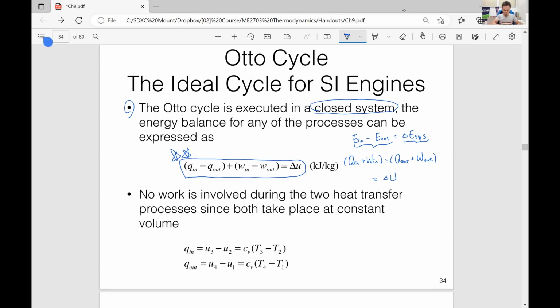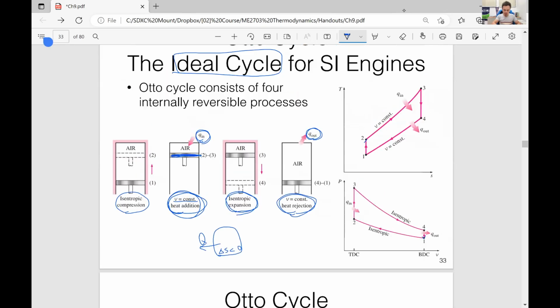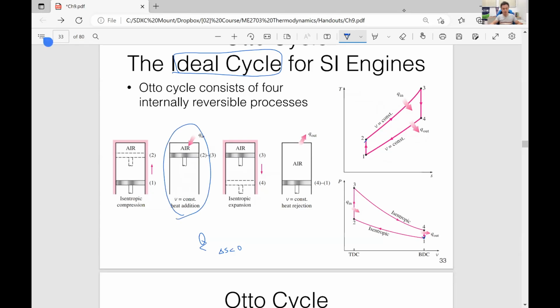Then there's no work involved during the two heat transfer processes, which are heat addition and heat rejection, right? The heat addition process is under constant volume. The heat rejection process is also under constant volume. So there will be no work involved.